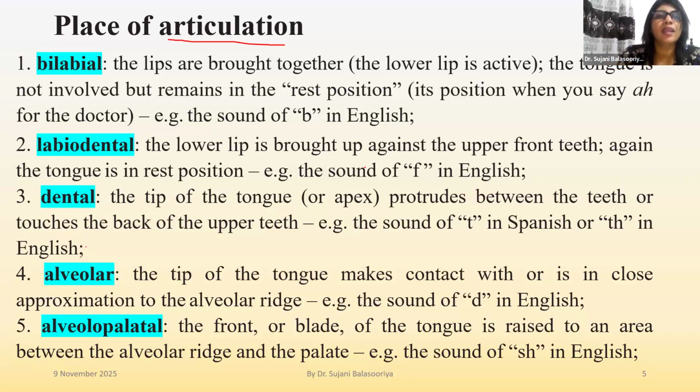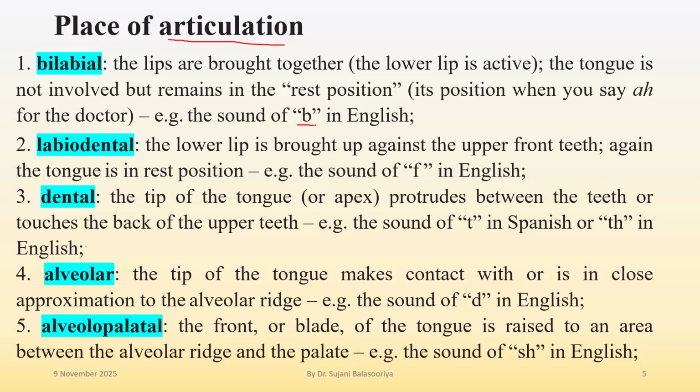Here I have given only one example for bilabial consonants, the B sound, but there are three bilabial consonants in English. What are the other two? Can you guess? It is better if you write more examples.